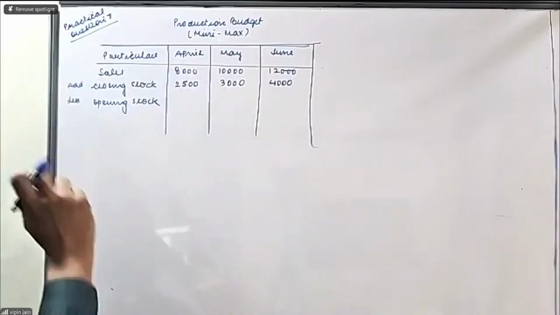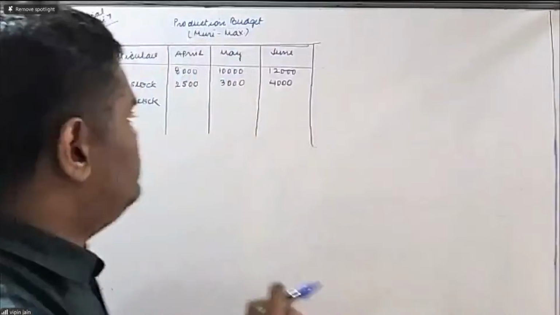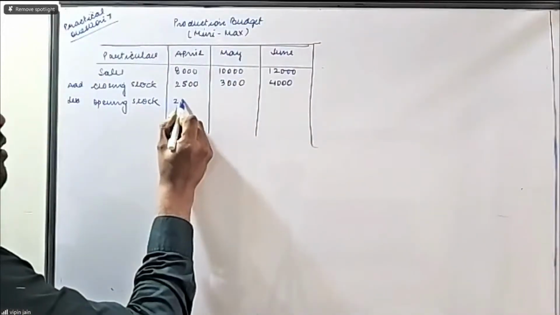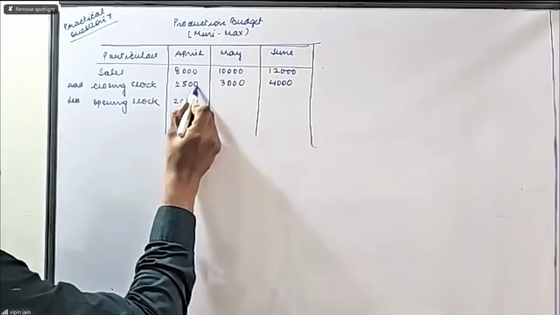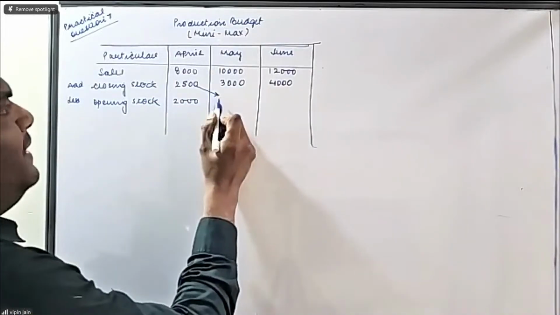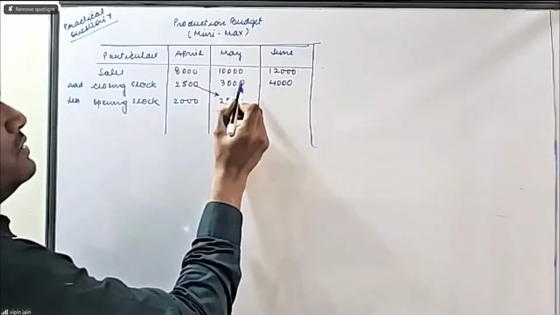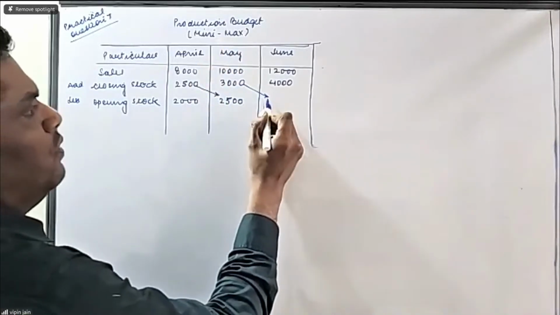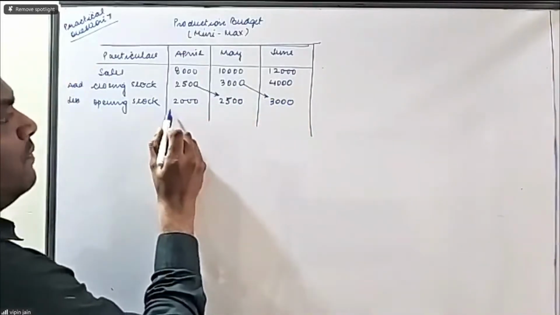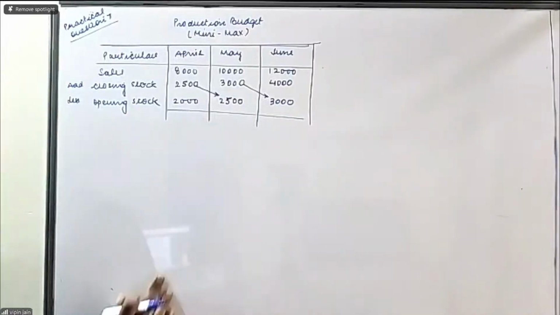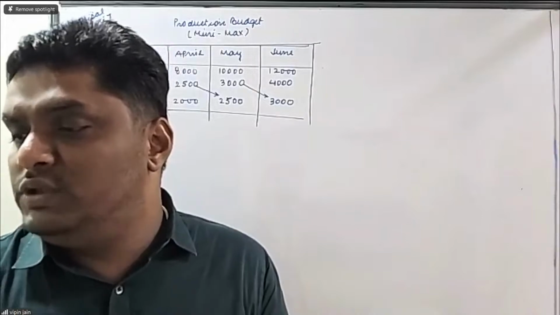So 8,000 into 25%, that is 2,000 will be the closing stock of March, and this will be the opening stock of April. Again, this is the closing stock of April, so this will be the opening stock of May. This is the closing stock of May, so this will be the opening stock of June.